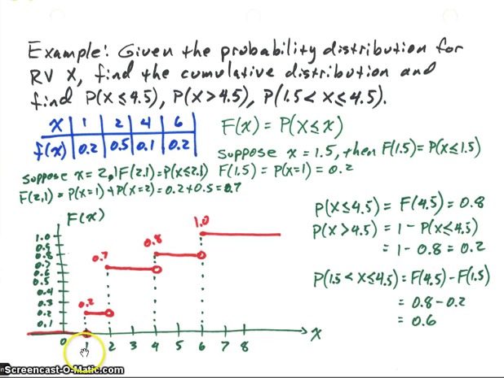Then the function at 1 will be equal to the probability that X will be less than or equal to 1. And that probability will be 0.2, because it's possible that we would get exactly 1. So it's a discontinuous function for our discrete random variables.